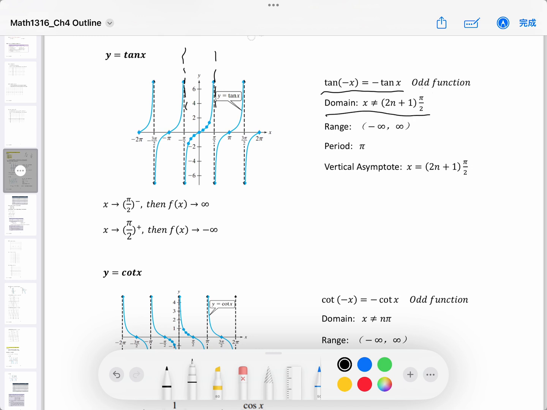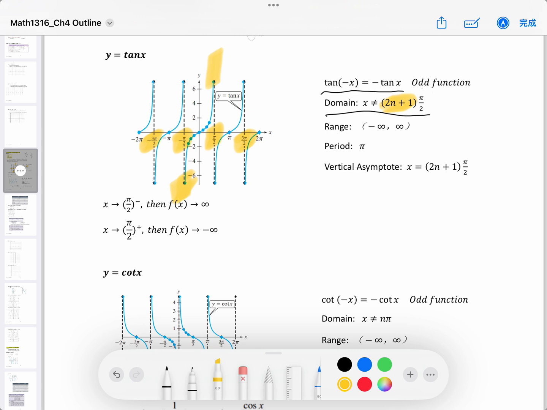The domain is all x values where x is not equal to the vertical asymptotes. You can tell from the graph. The vertical asymptotes here are all x equal to an odd number times pi over 2. The range is from negative infinity to infinity, because the graph goes all the way up and all the way down.